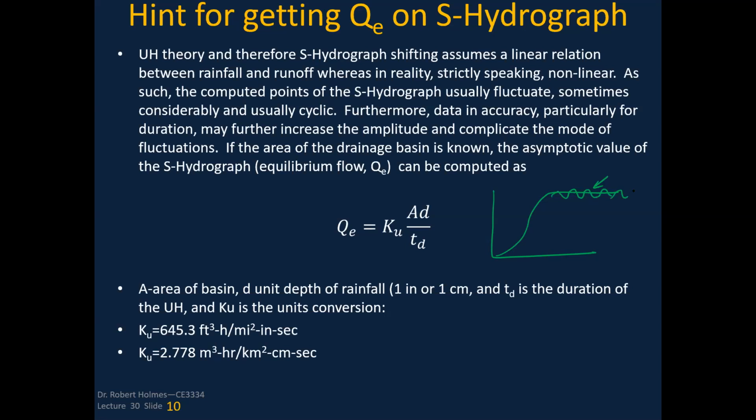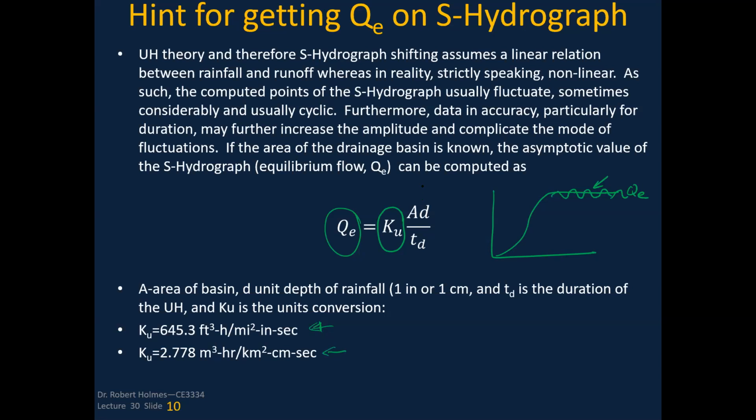You can estimate what that asymptotic value should be, this Q sub E. This would be my Q sub E value here, with this value of Ku, which is a conversion factor depending on whether it's in British gravitational units, cubic feet per second, cubic foot per hour per mile squared, inches, whatever. And you've got this one in the SI system.